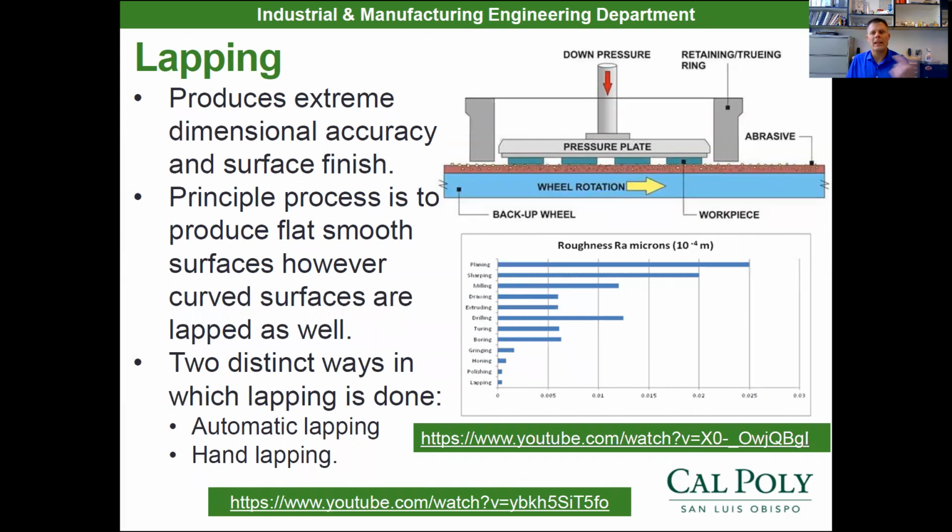There's a wheel that's a lot like a record player. It rotates, and you put the abrasive slurry down on that felt disc. You then put the part down on it and put pressure down on it. That pressure allows the abrasive slurry to remove small amounts of material off that surface when it touches the surface. So there's automatic lapping and there's hand lapping.